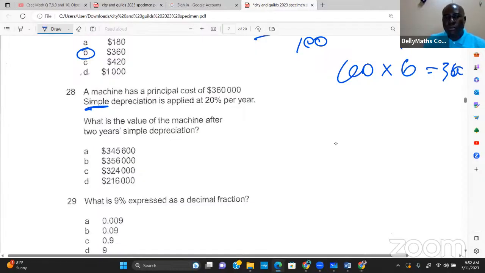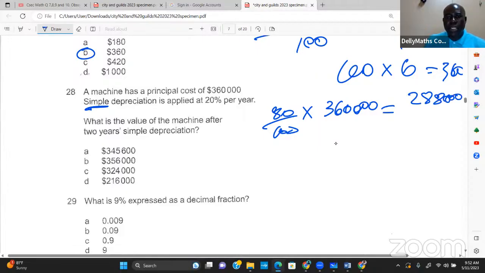So you're going to go down to 80% of the 360,000, because when 20% comes off, that's 80%. And then you're going to go down again. So what you want to do again is take 20% of that, which means that you go down to 80% of that new figure, because 20% off would mean that it's 80% of that figure that you're dealing with there.